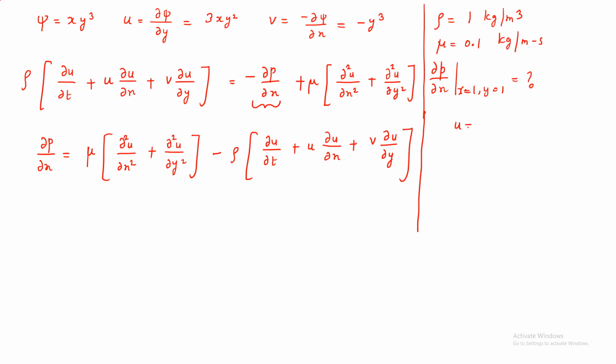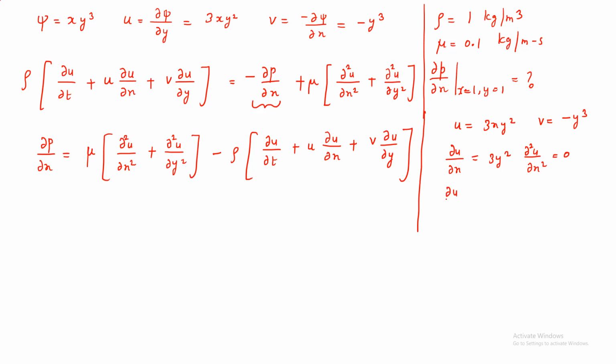So we have u as 3xy squared and v as minus y cubed. So we need the derivatives of u in x and y. Dou u by dou x is 3y squared, okay, and then dou square u by dou x square is 0, right?